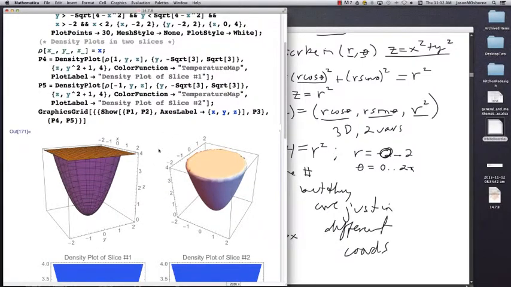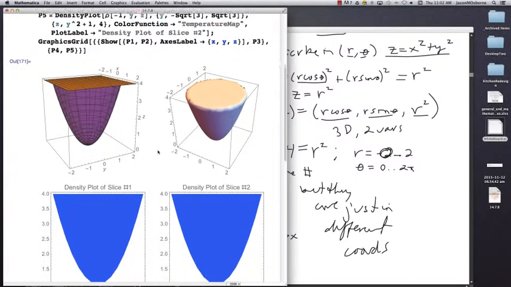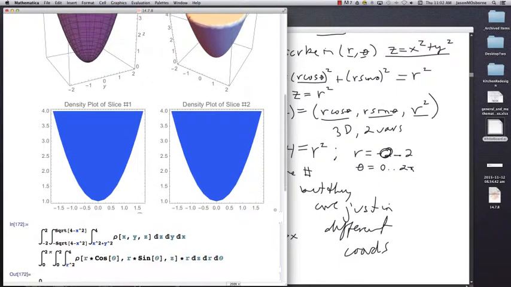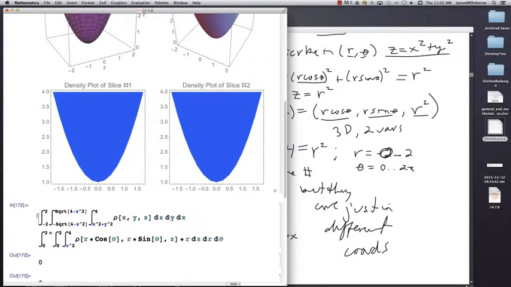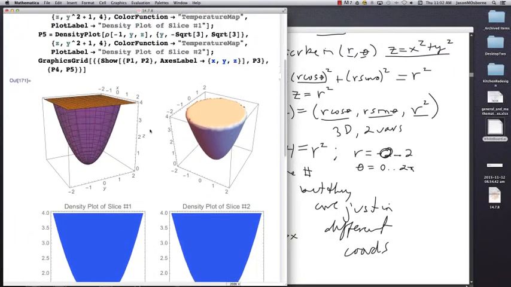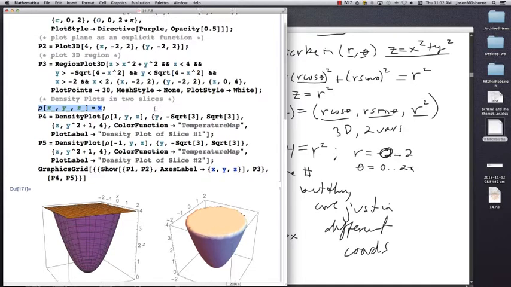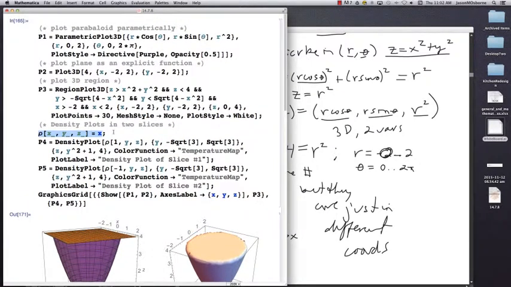I've shown you the different plots, keeping in mind that the densities are constant in the YZ plane. And I computed these two integrals in Mathematica. I think you can see I defined the density function here in this code. So let me give you another look at that. If you need to pause this video again, you can be typing in this code.